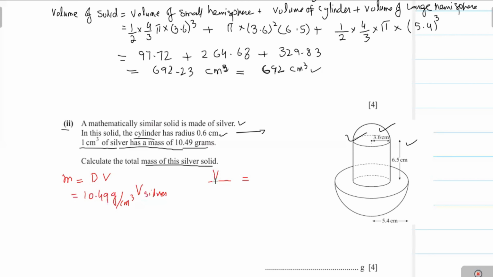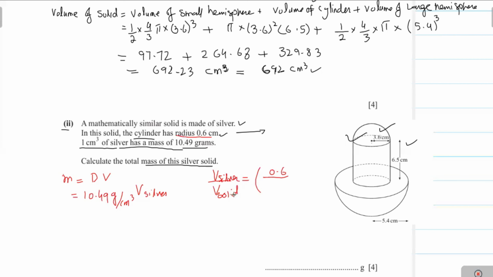You see here the volume of silver, we name it as Vs, the volume of solid ratio, that's equal to the length of silver solid. The length of silver solid here is the radius, 0.6 centimeter. Therefore, we write here 0.6 centimeter.